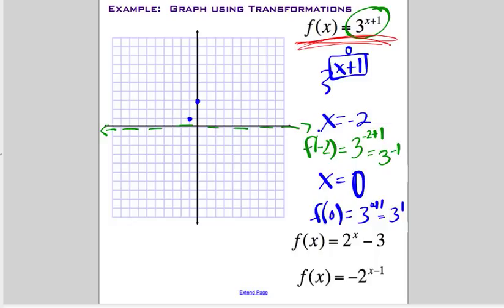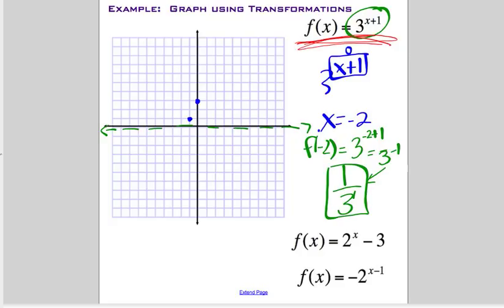And hopefully you're remembering negative exponents. When we have a negative exponent, we really just have the reciprocal. It's really just 1 over 3 to the first power. These are equivalent statements because that's what a negative exponent is. So when I plug in negative 2, I get 1/3.